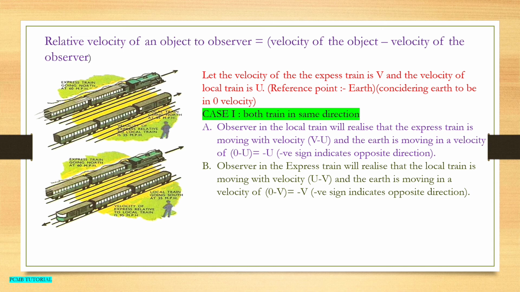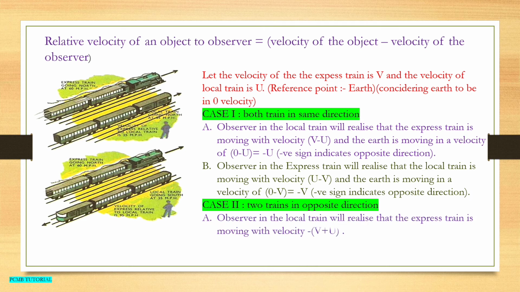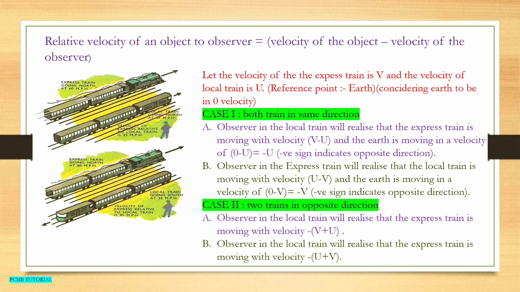That means the observer in the express train will notice that the local train is moving backward. In case 2, two trains are moving in opposite directions. Using the formula, we can easily notice that the relative velocity for both the trains is the same.